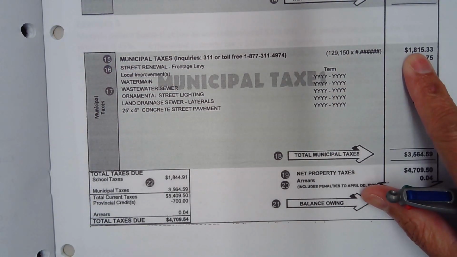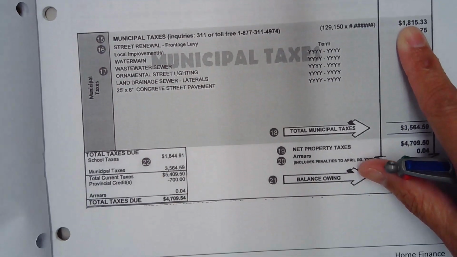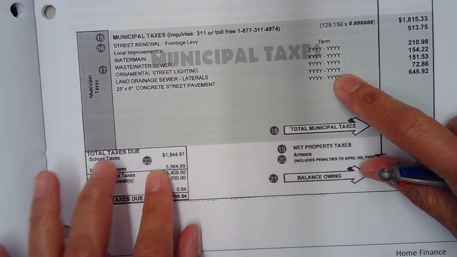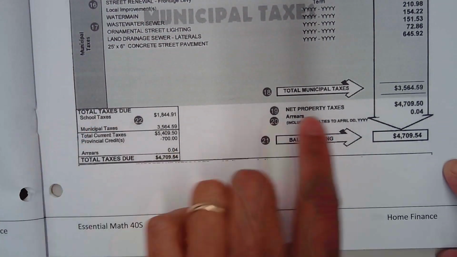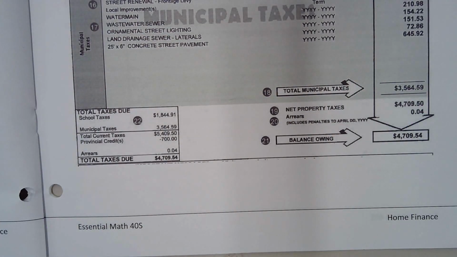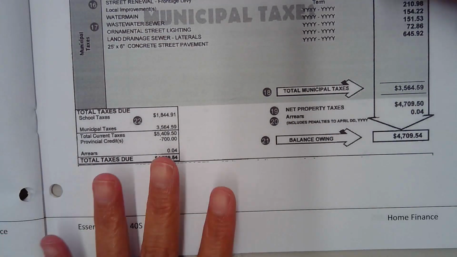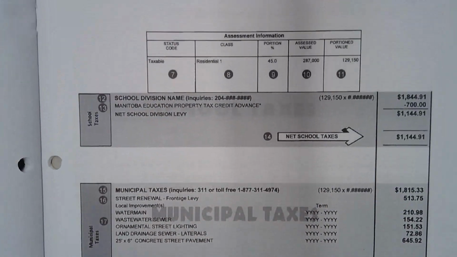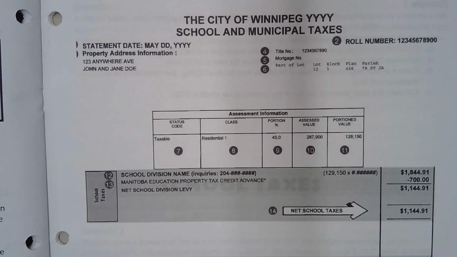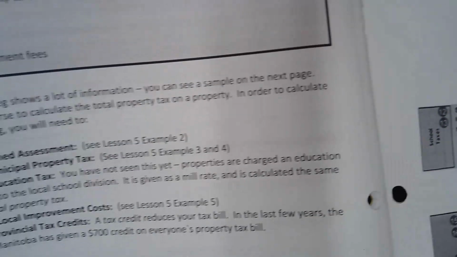We'll talk about that. We talked about this yesterday. And also local improvements, we talked about that yesterday as well. And then at the end, there's kind of a summary, kind of putting it all together. So this is something that you will see, or you will get for the property if you're paying the property tax. That's the actual form.